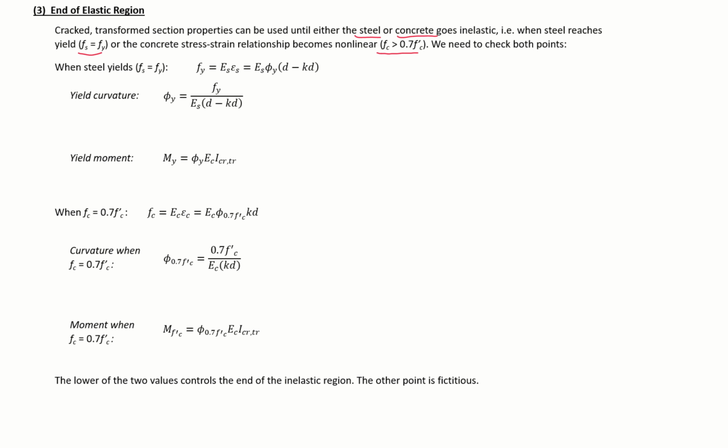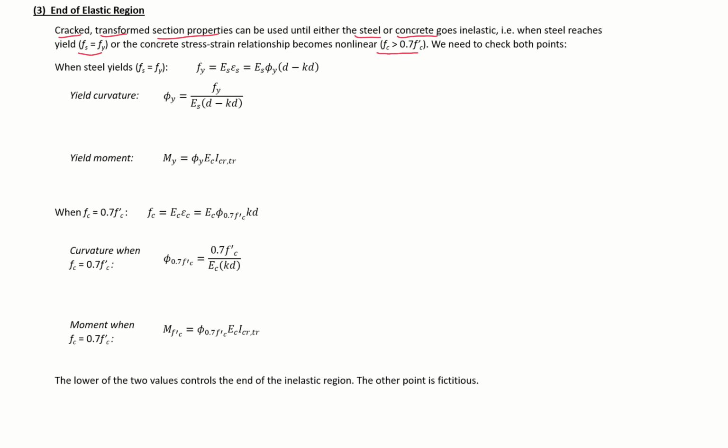The first point that we can find is our yield curvature point, and we're going to be able to use our cracked transformed section properties here. So the first point that we can check is when our steel yields.